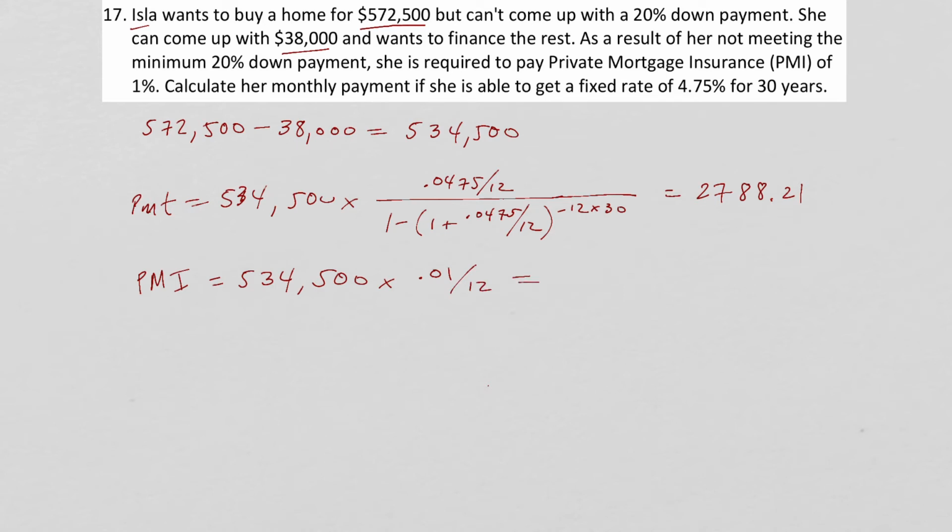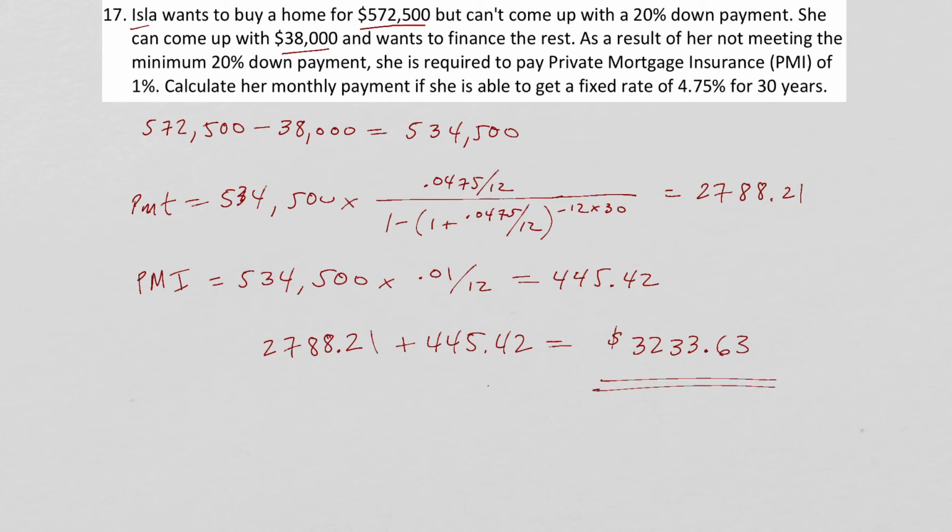And this is going to come out to $445.42. So her total initial payment is going to be the sum of these two amounts. This amount for her mortgage payment plus $445.42 for her mortgage insurance, which comes out to $3,233.63 as a total payment.